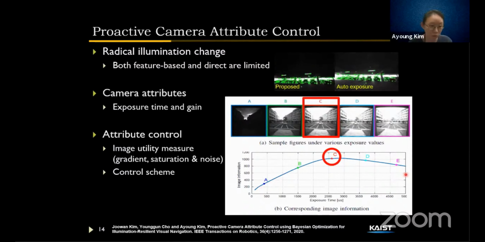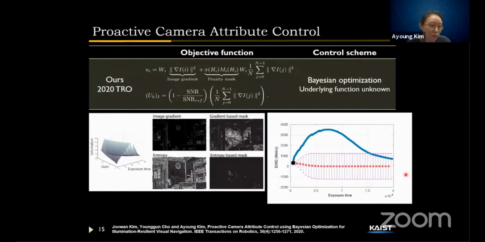So solving this is not very difficult, but the challenge here is that each one of these function evaluations corresponds to an actual image grab. If we want to grab an image with a large exposure value, we have to expose the camera for a longer period of time to get more light, right?